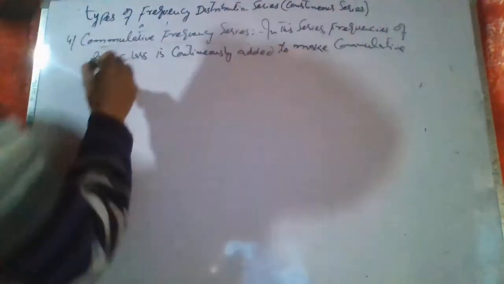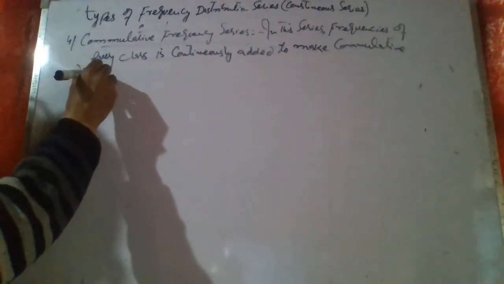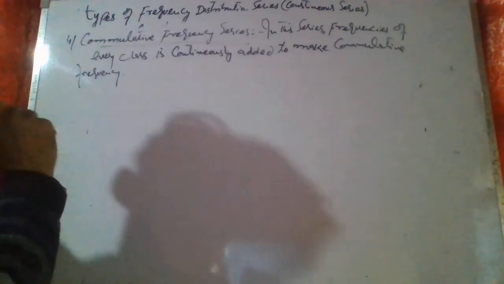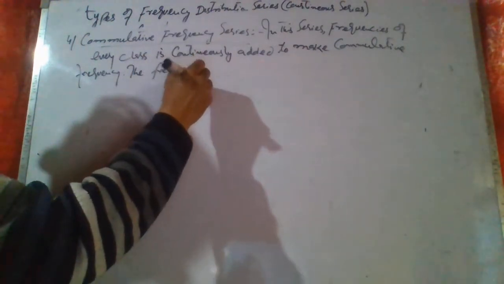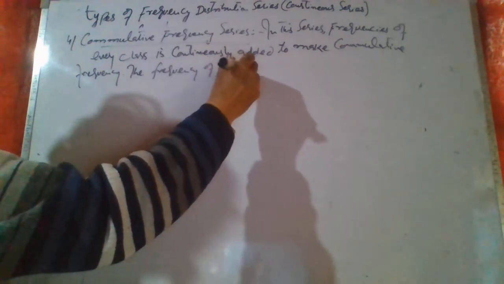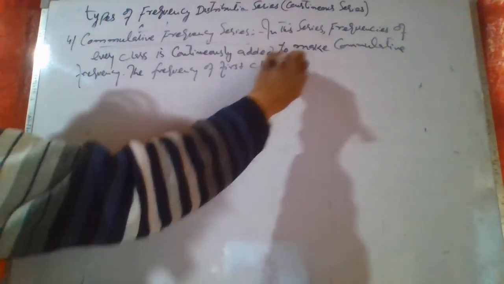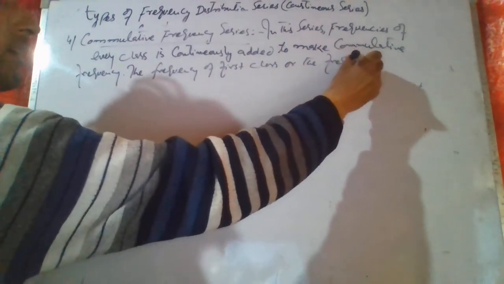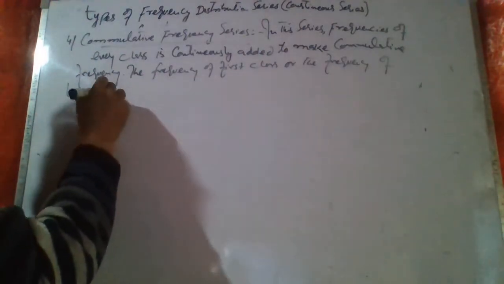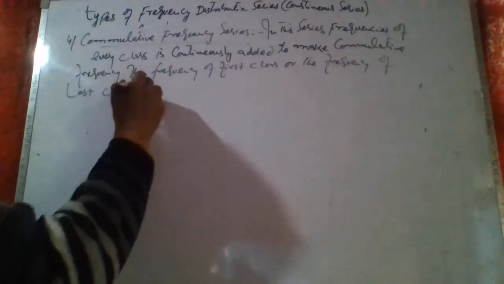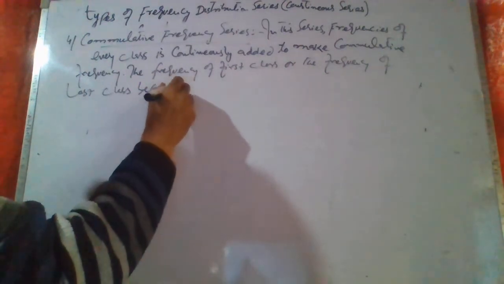To make cumulative frequency, the frequency of the first class or the frequency of the last class becomes the first cumulative frequency.